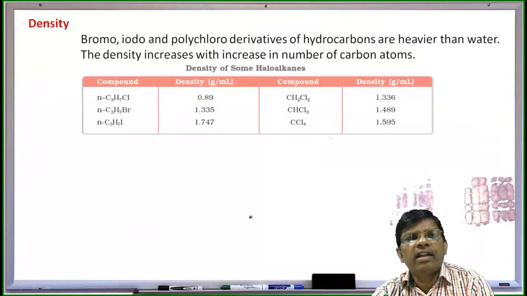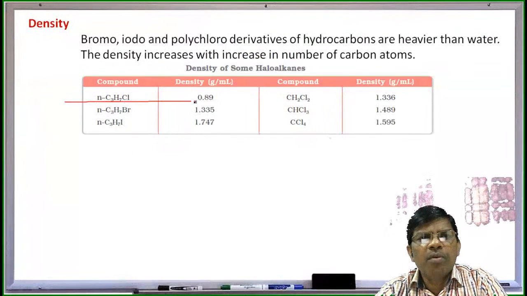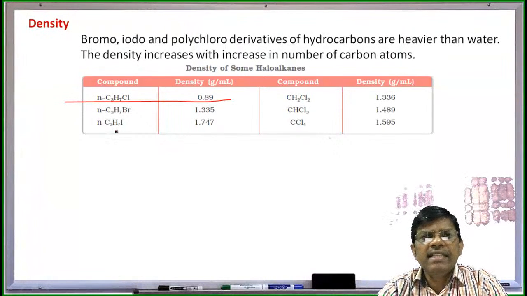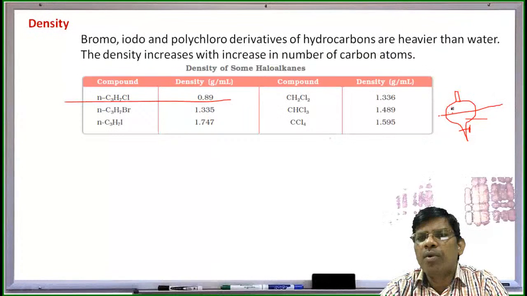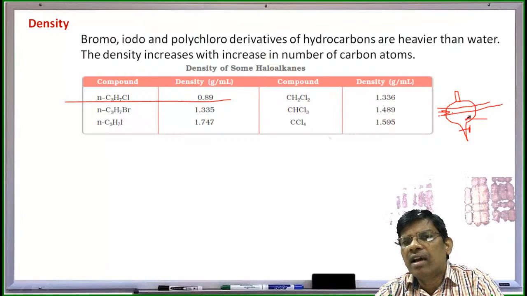Then density. Don't worry about this one compound. Most of the halogen containing compounds are denser than water. That is why when you take these halogen compounds in a separating funnel, the layer which is downside is the halo compound and water comes above it.